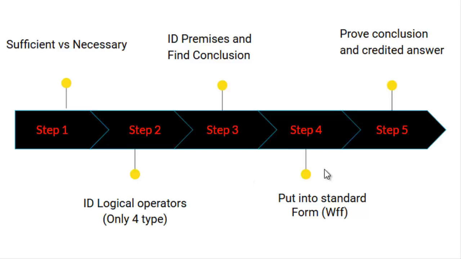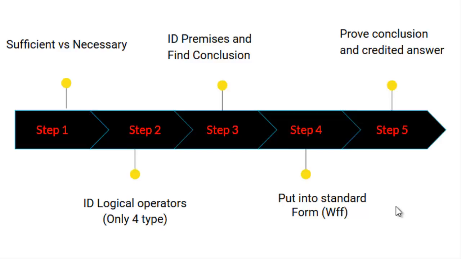All right, step 4, you want to put it into a standard form. Okay, WFF stands for a well-formed formula. So basically, we'd go premise, premise, premise, conclusion, because a lot of times they'll give you conclusion first, and then you just reorganize the whole thing. It doesn't matter. Okay, so you always want to put the conclusion underneath the line. This way you know that's what the conclusion is, because all we're doing here is we're just manipulating symbols, and that's all it is.